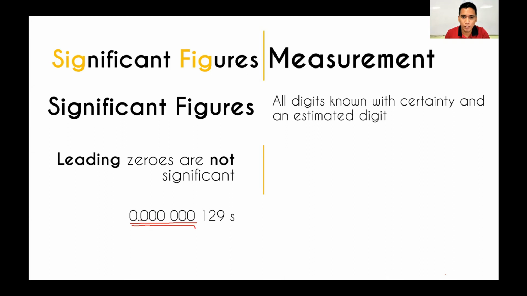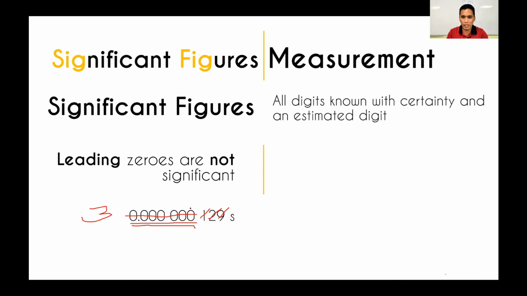So 0.0000, these zeros are not significant. So they are considered as not significant. So to count the number of significant figures in this number, we have 1, 2, and 3. So we have 3 significant figures.